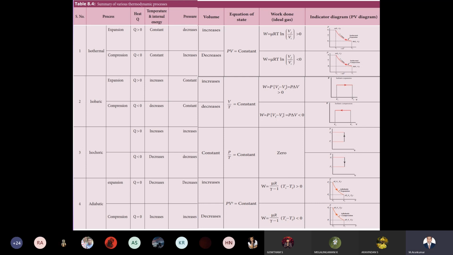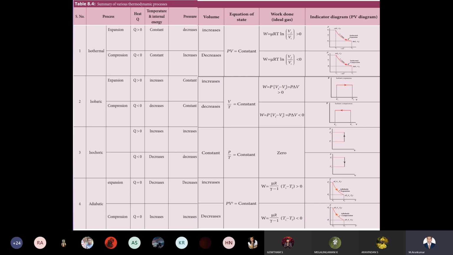Also we are provided the equation for all the processes. W formulas were compared here. Then the functions of the pressure, volume, then Q, also temperature and internal energy are also compared here.